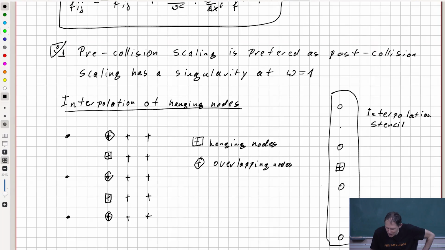These two things together. So this is the interpolation stencil required for quadratic interpolation and symmetry.